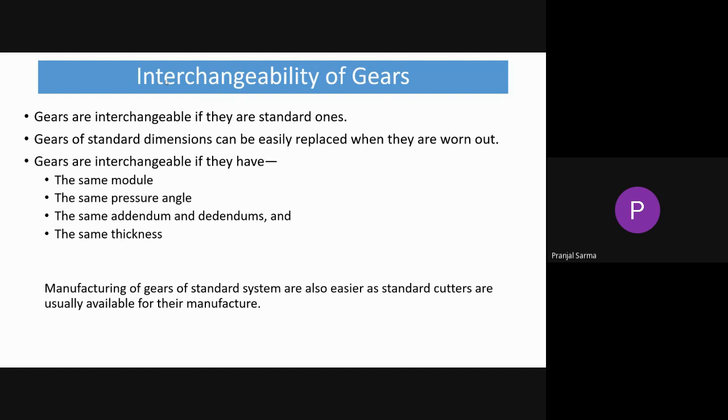In general, whenever the gears are standard gears having a standard tooth profile and following the law of gearing, with all the modules and design as per the design data, then generally they are interchangeable. Whenever a gear wears out, or sometimes teeth break, there is a need to replace that gear, and gears of standard dimensions can be very easily replaced when they get worn out because we already have all the standard data available.